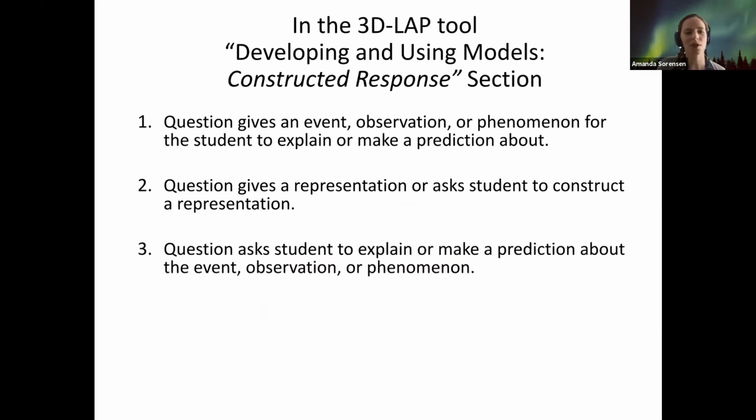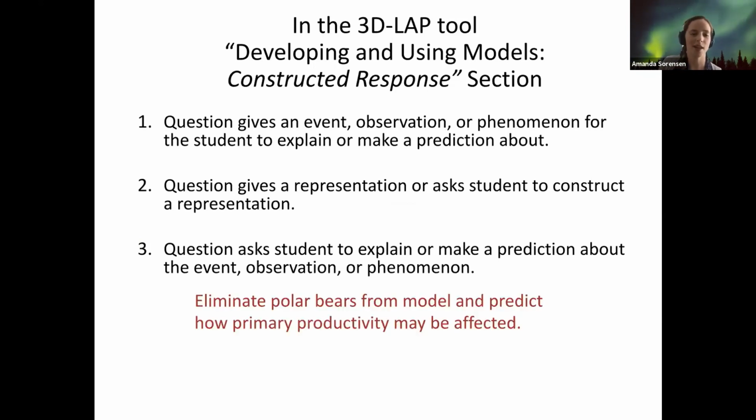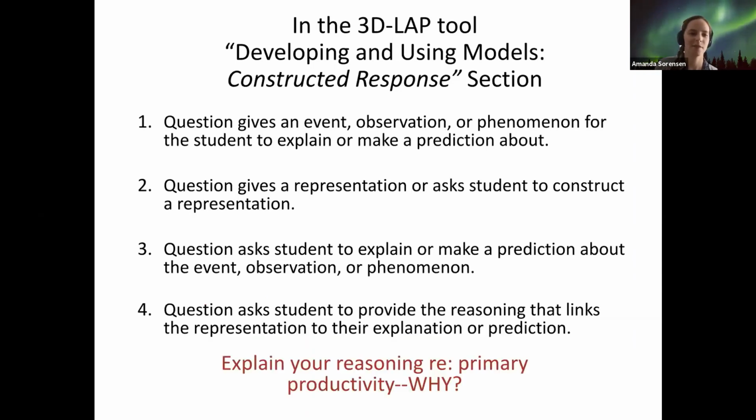Third, the question asks students to explain or make a prediction about the event, observation, or phenomena. We could say, yes, it asks the students to predict what would happen if polar bears were eliminated and predict how primary productivity would be affected. And then, the question asks students to provide the reasoning that links the representation to their explanation or prediction.